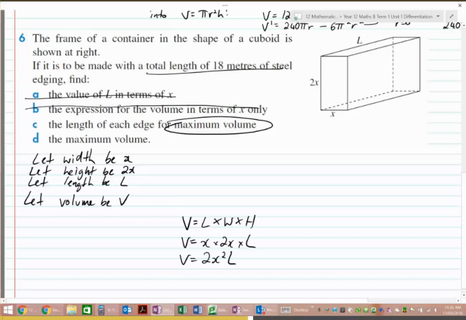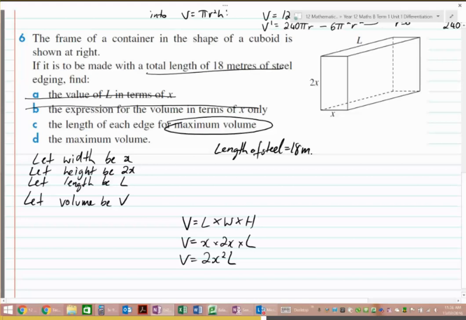I'm trying to find the maximum volume that I can make with my 18 meters of steel. I've got x's and L's in here. I can only have one variable, so I'm going to try and find this relationship. Length of steel is 18 meters.